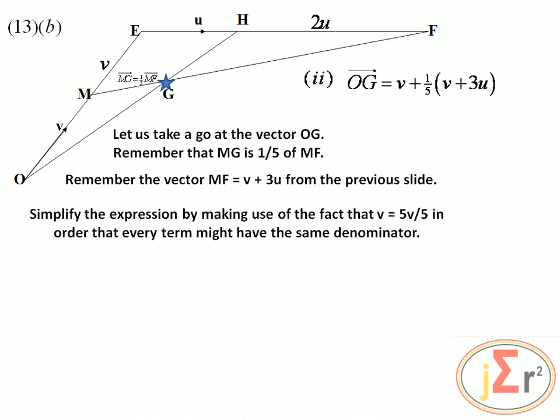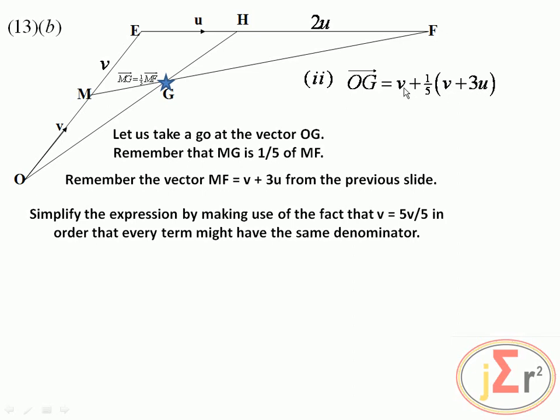Simplify the expression by making use of the fact that V is equal to 5V over 5, in order that every term may have the same denominator. So we will have V over 5 because we are multiplying by 1/5, and 3U over 5 because we are multiplying by 1/5.